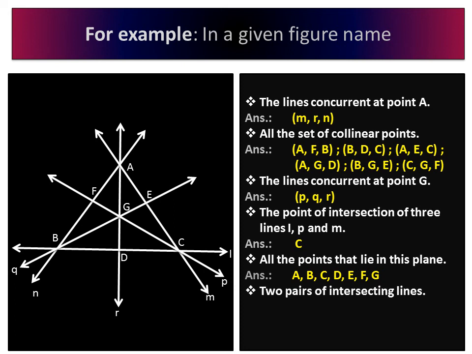Intersecting lines means two lines in a plane which cut each other at one point. So the answer is lines LR, then lines PN, and one more answer comes, lines QM. In this answer, you have to write any two pairs. Hope you understand this example.